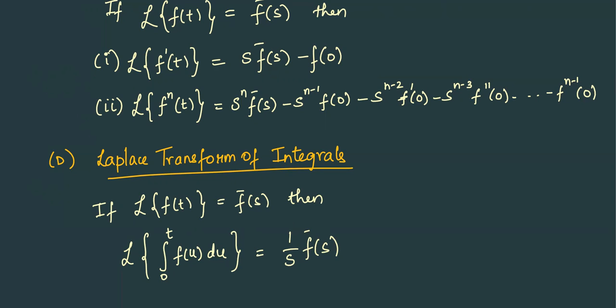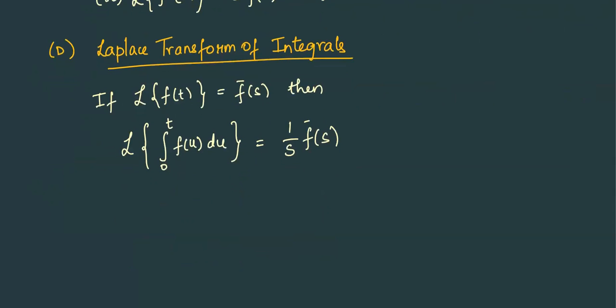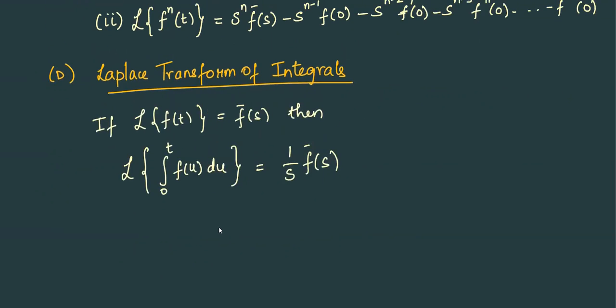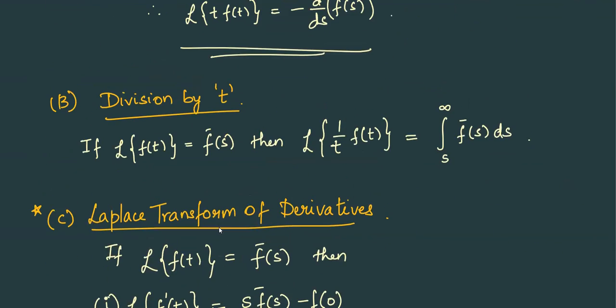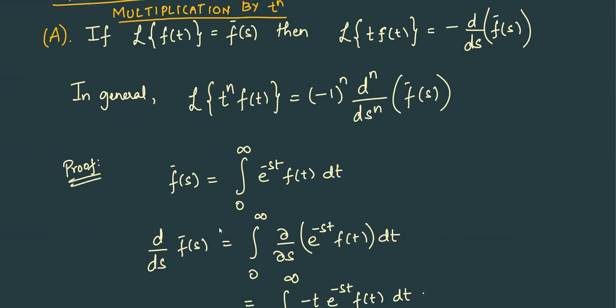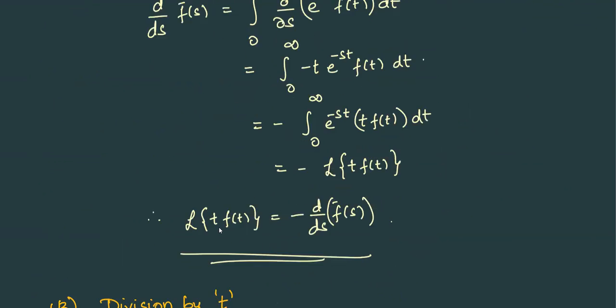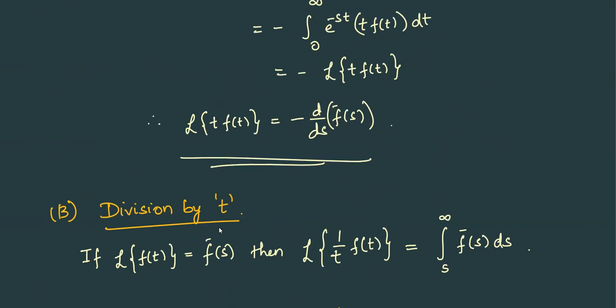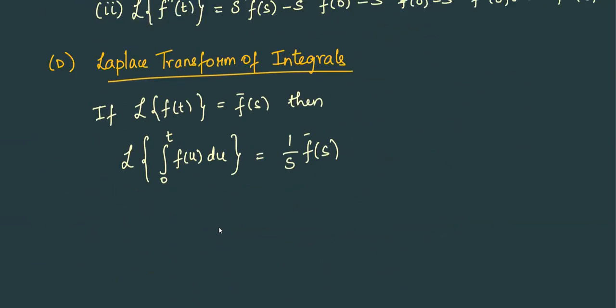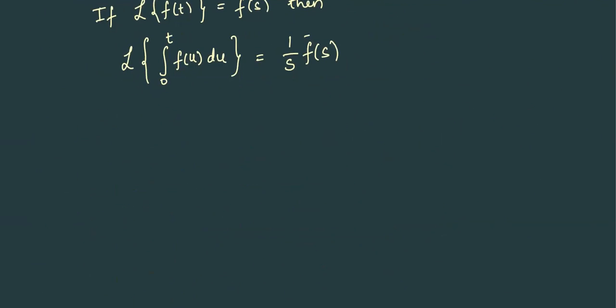So these are the four very important properties: multiplication by t, division by t, and then transforms of derivatives and integrals. A few problems we'll do, and we'll continue in the next week.